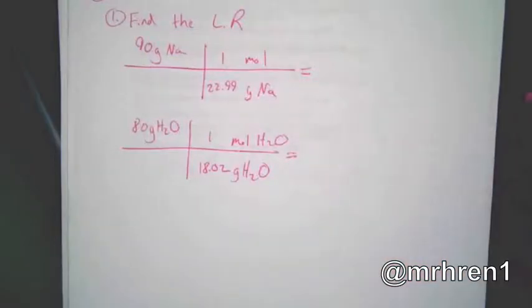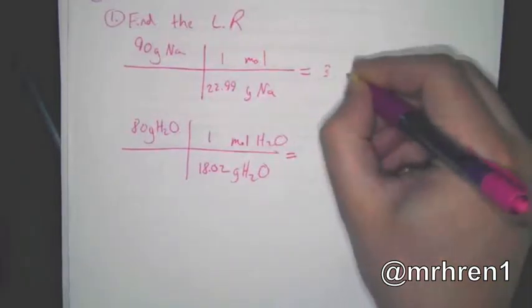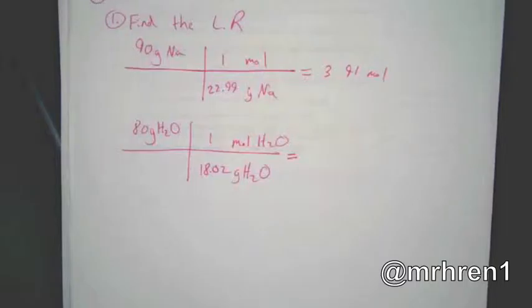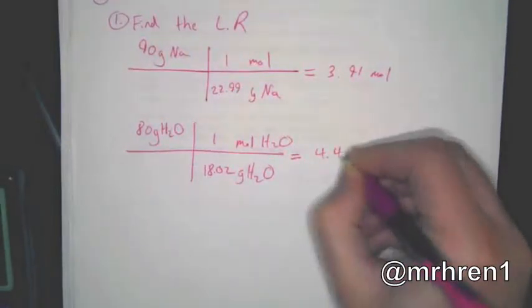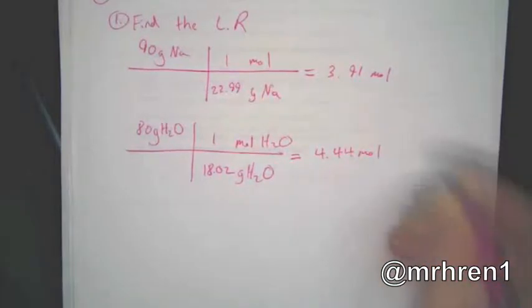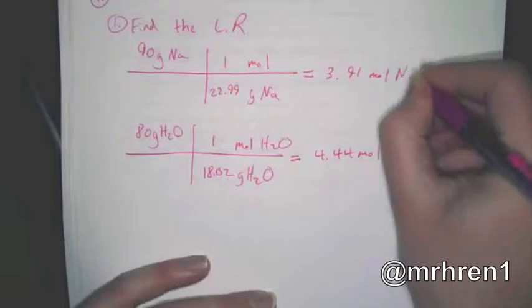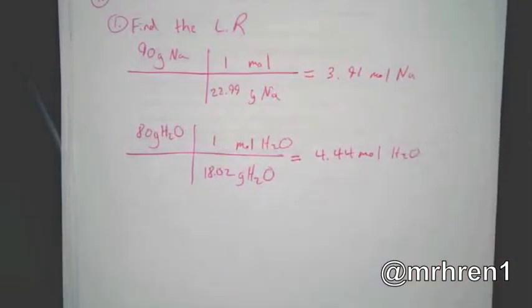So you do this part. 90, that gives you... so you do this, and you're like, all right, you got moles of Na now, moles of H2O.